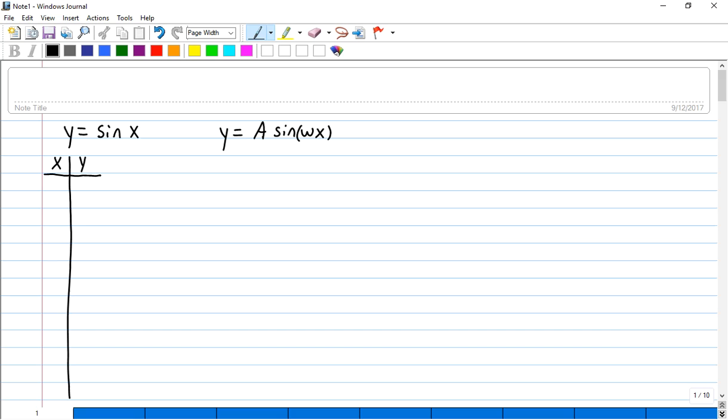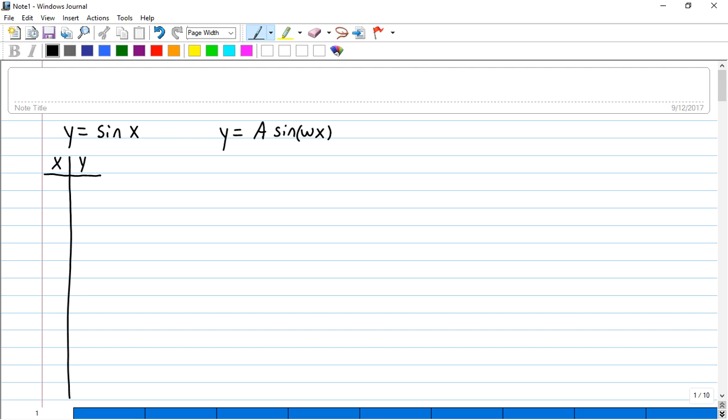How often it repeats? It repeats every 2 pi, right? All of the trig functions are periodic, but sine, cosine, secant, and cosecant all repeat every 2 pi. So that means that its period is 2 pi.